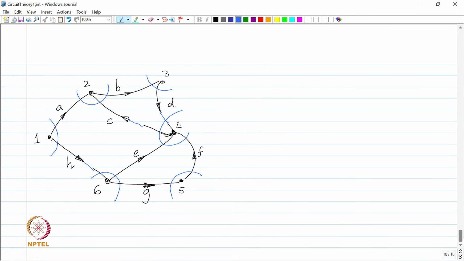Some of these cut sets could be the same, but never mind, we just systematically go to every node, draw a cut around that node, and write a KCL. It is easy to write. These KCLs are going to be called the node KCLs. At each node you are doing a KCL.